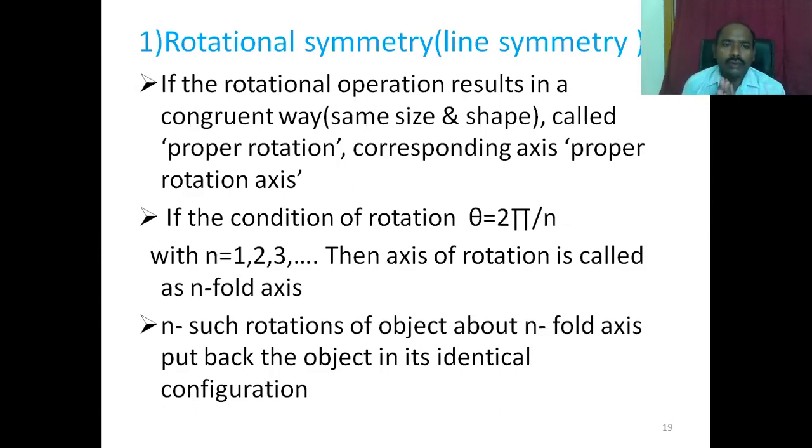It occurs for certain angles only, not for all angles.